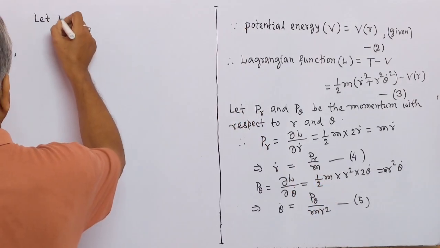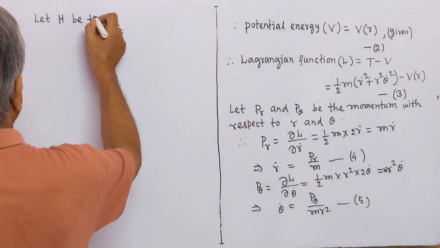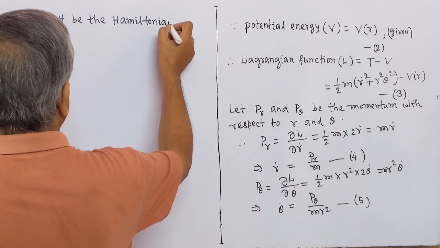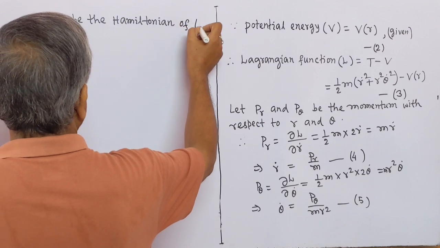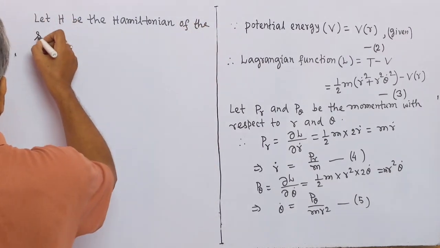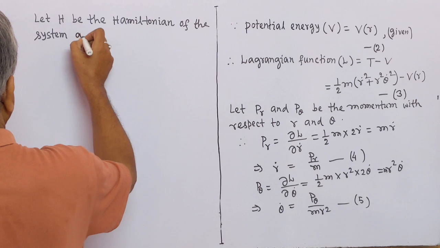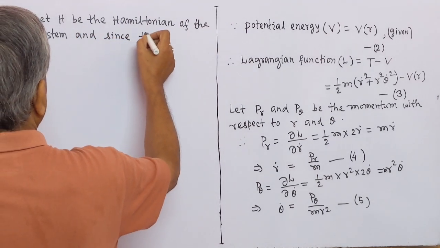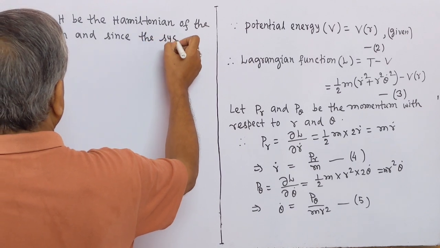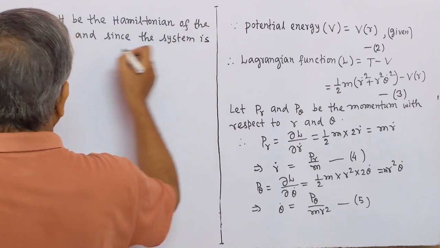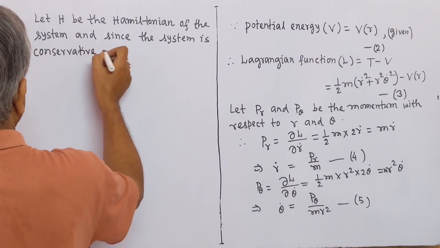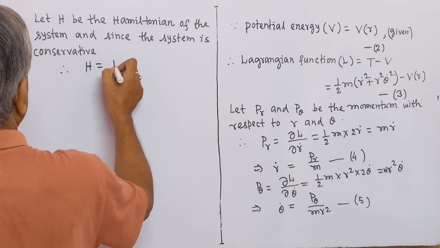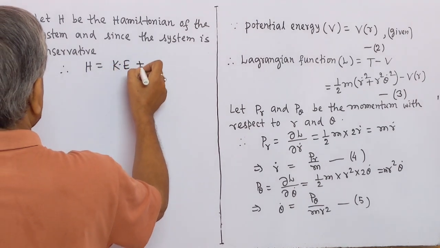Let H be the Hamiltonian of the system, and since the system is conservative, therefore H equal to kinetic energy plus potential energy.